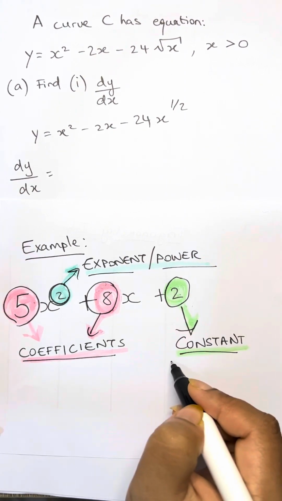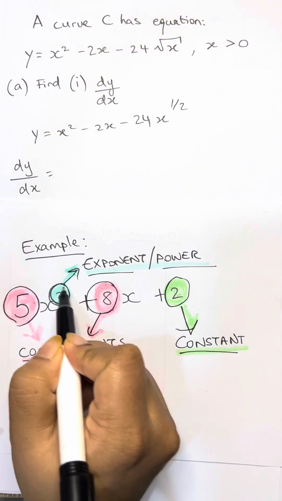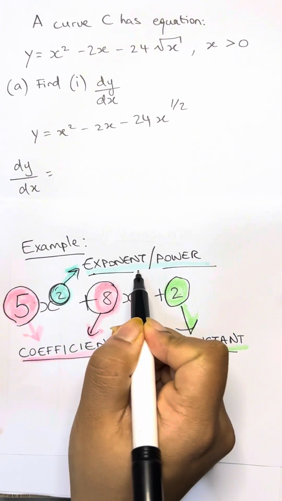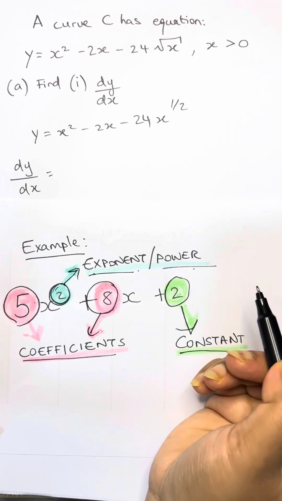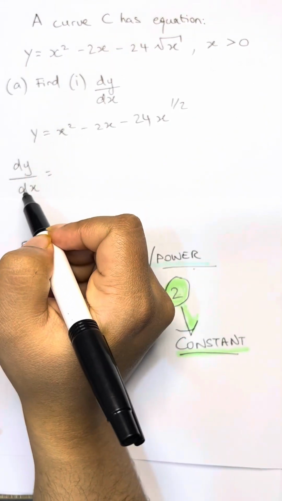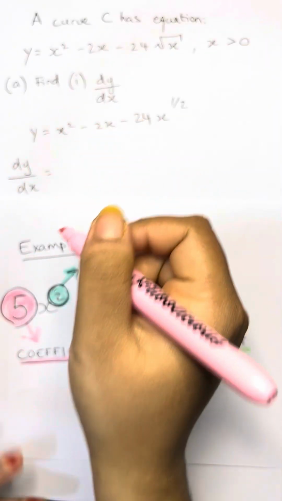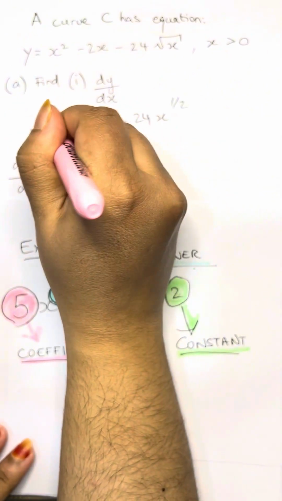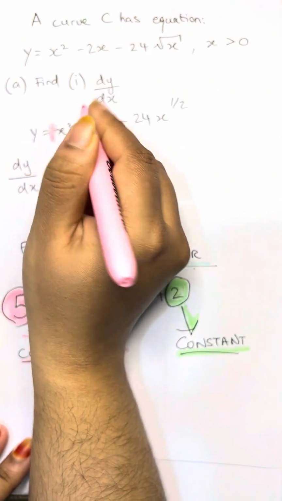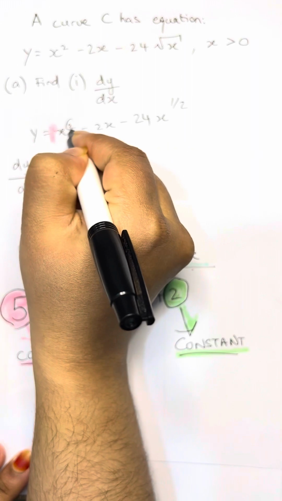And the power on top of the x value is called either the exponent or the power. So for the differentiation, the first step is to multiply the coefficient with the power.